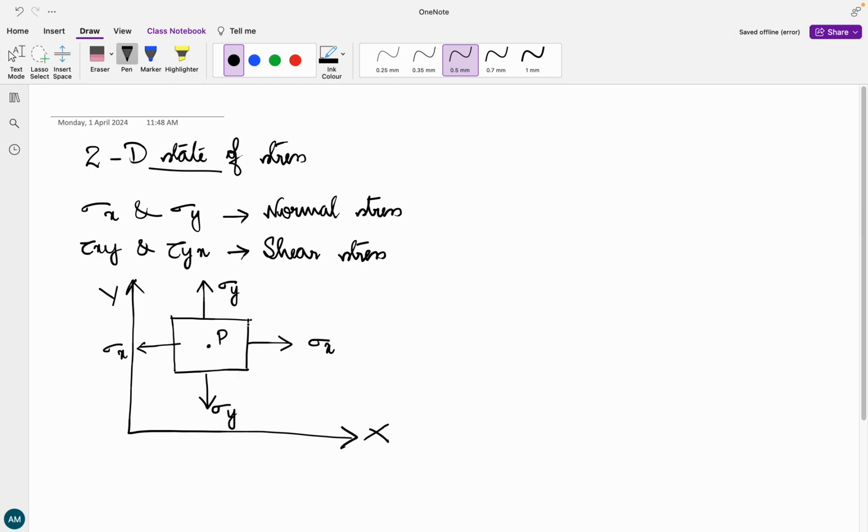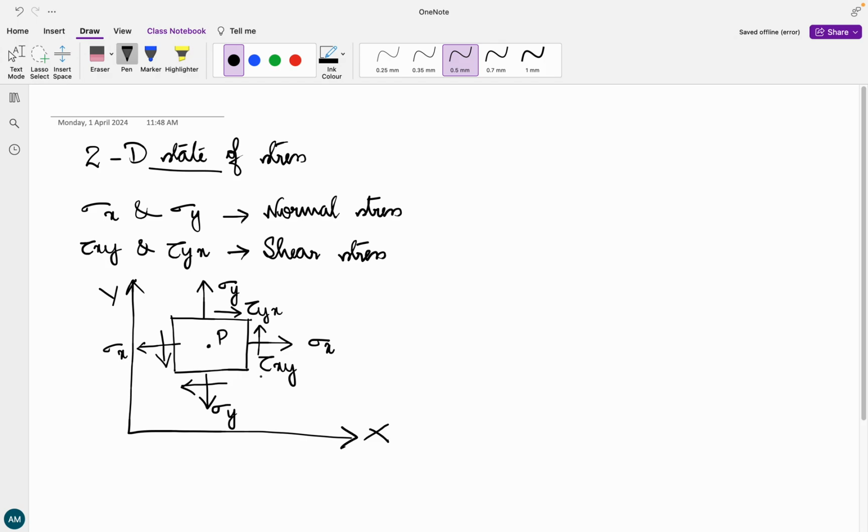Yes, so at the corners, we will be drawing the shear stress. It will be pulling it into the respective direction. So this is tau xy and this is going to be tau yx. So here also in these planes it will be acting in this particular direction.